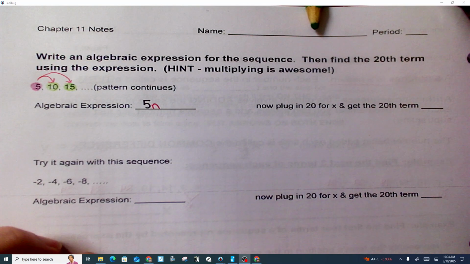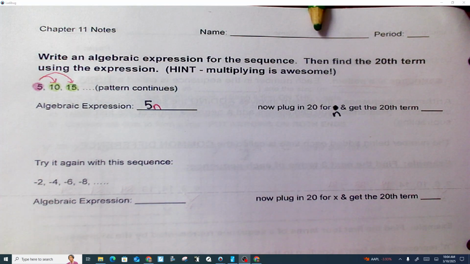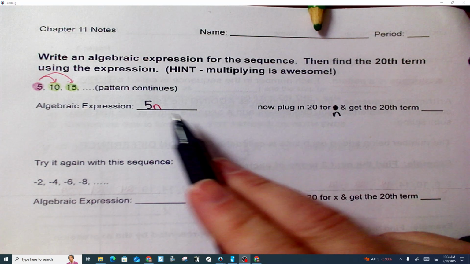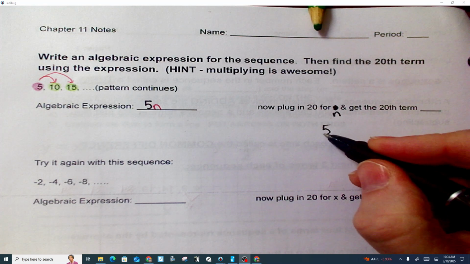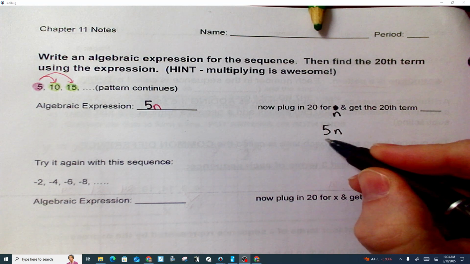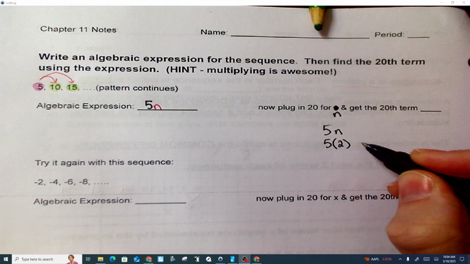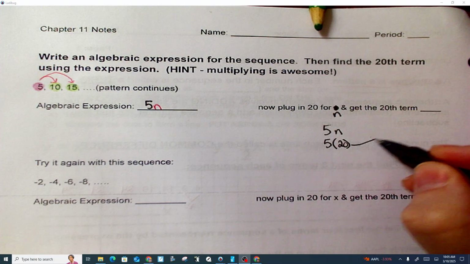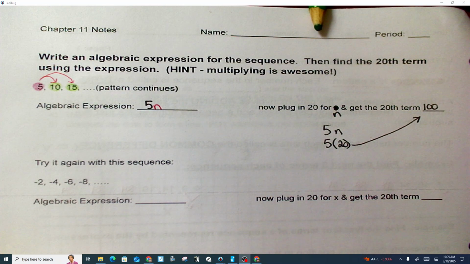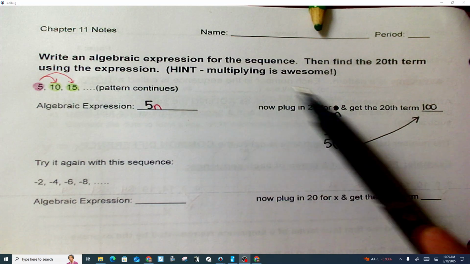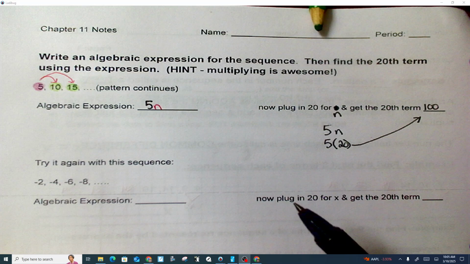We're going to switch that up and make it an n. And so how can we do that? Well, we came up with our algebraic expression, and so now I'm going to say, hey, 5n, so 5 times 20 is 100. So the 20th term in the sequence is going to be 100.